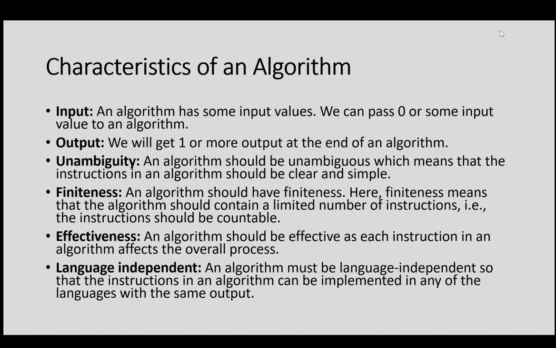Finiteness means the algorithm should contain a limited number of instructions, that is, the instructions should be countable. It's not that never-ending instructions are given to you and you will never reach the goal. An algorithm always needs to have a finite number of instructions.